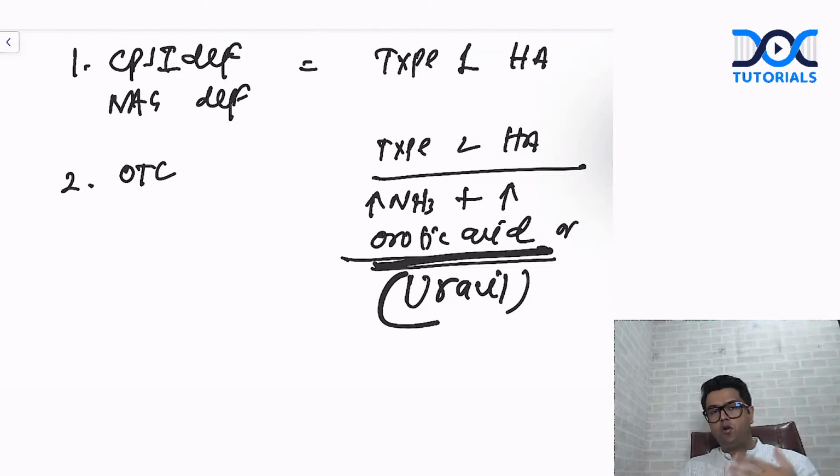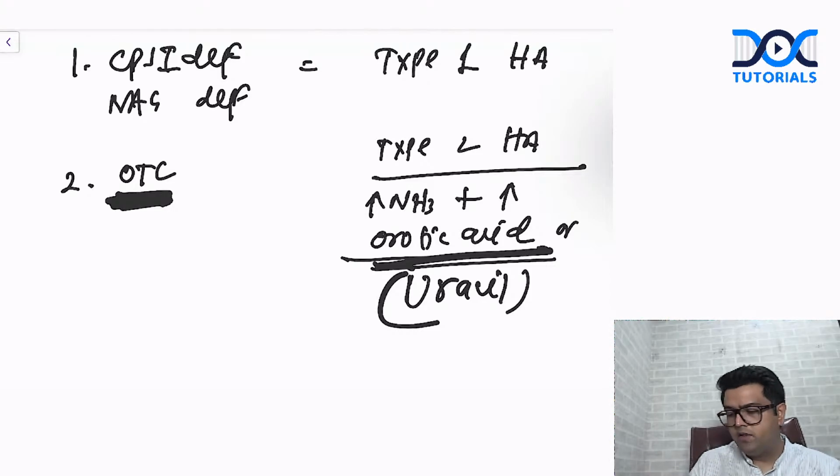I know you are already done with pyrimidine metabolism, correct? In pyrimidine metabolism, orotic acid was one of the steps. So how is it forming from carbamyl phosphate now? Carbamyl phosphate of the urea cycle will appear because of this enzyme deficiency, and it will enter the pyrimidine synthesis, and this will make excessive orotic acid or maybe uracil, right? But uracil formation is less.